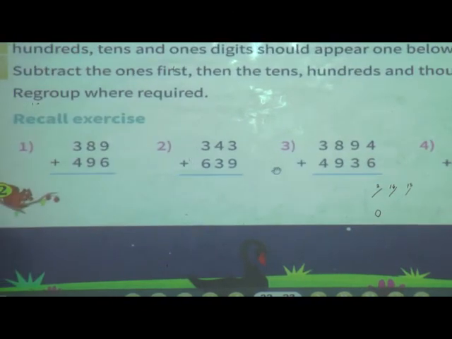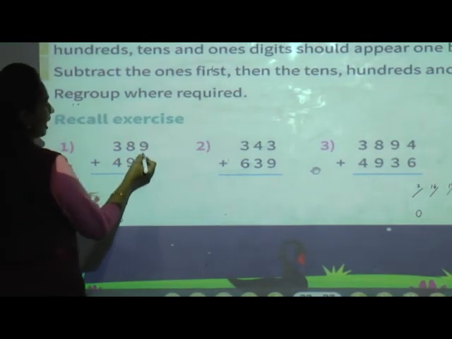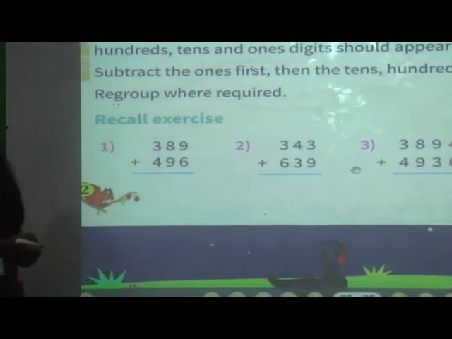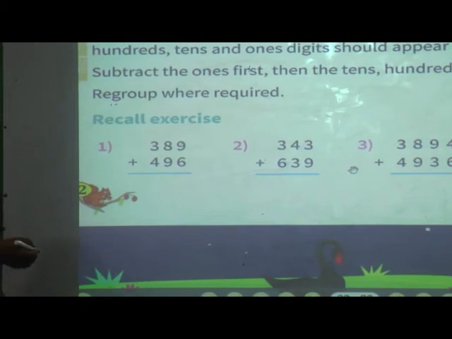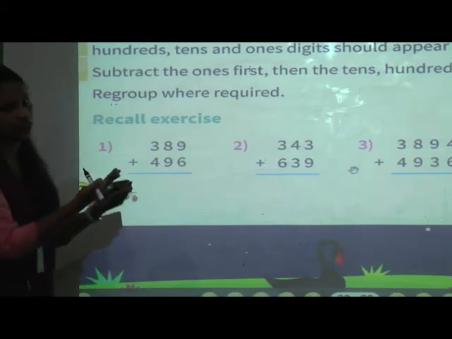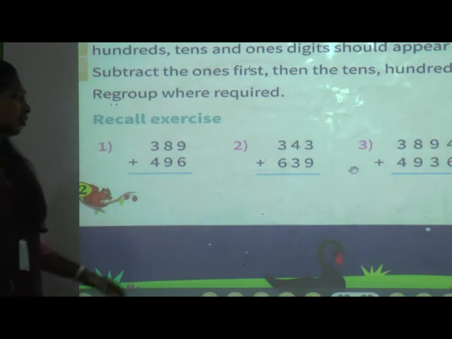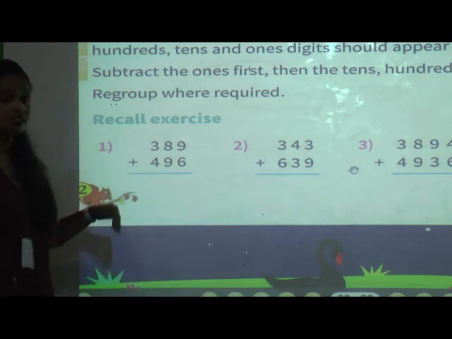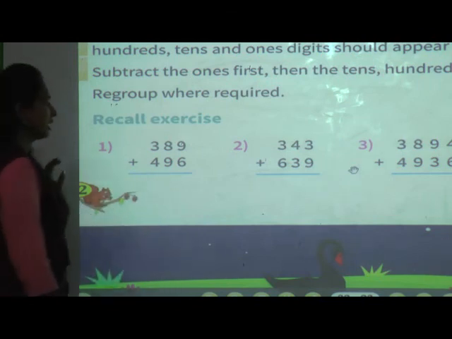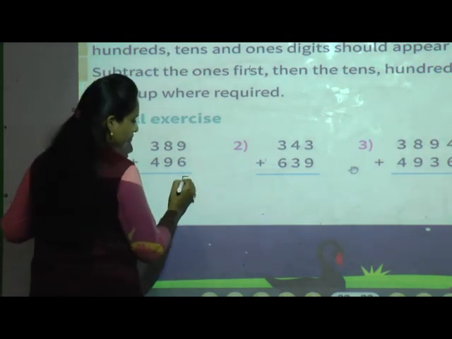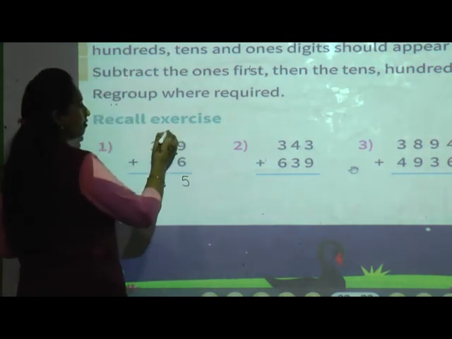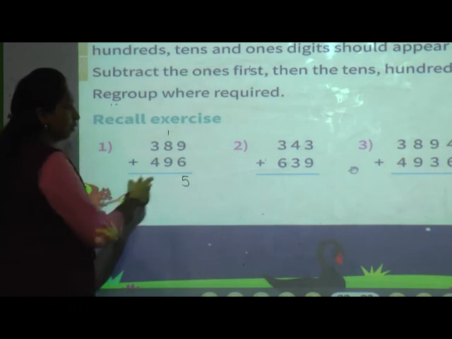On page number 22, see this. 9 plus 6, tell me students. Now you're in 4th standard, you should not keep fingers in this way. You should know addition directly. 9 plus 6 is 15. So write 5 downside, 1 will carry to the tens place.